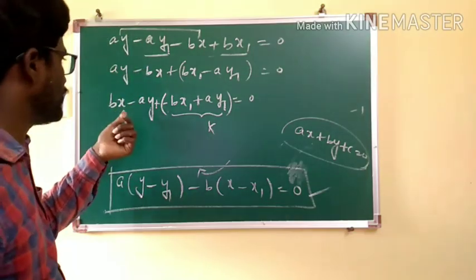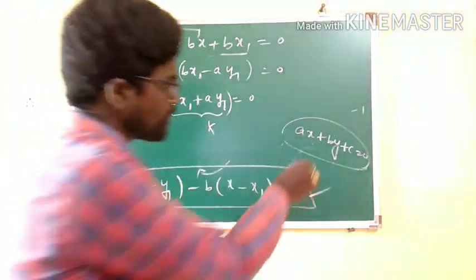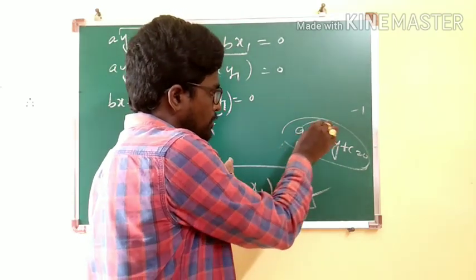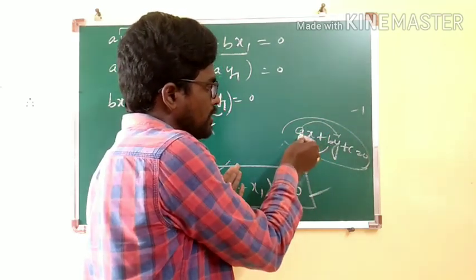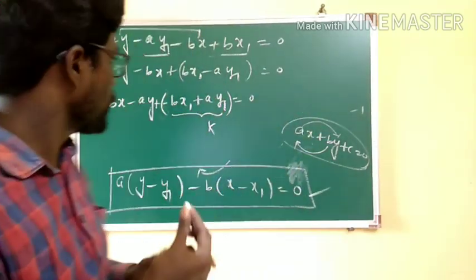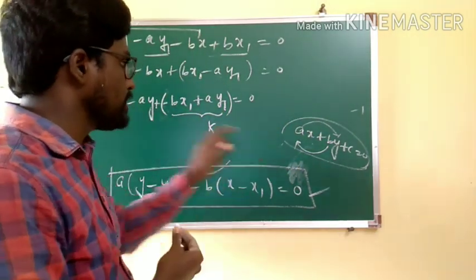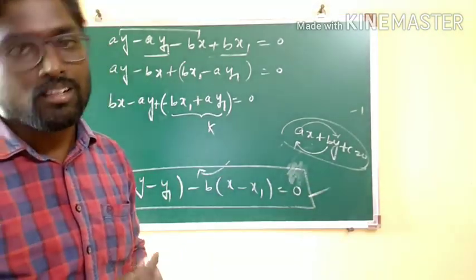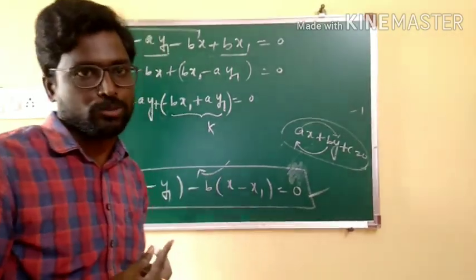And here we have got it in the form of bx minus ay. This term is the coefficient of x and this term is the coefficient of y, and the second term, ay, gets the negative sign. Likewise, you can remember it in that way also.